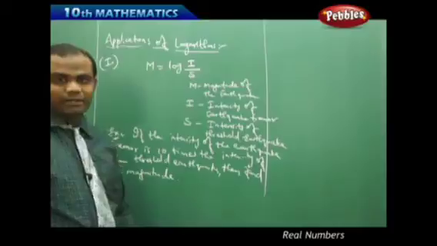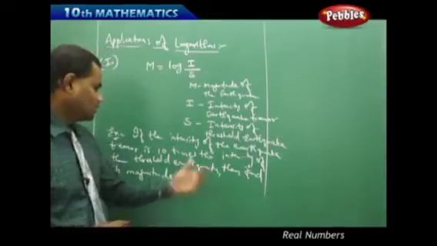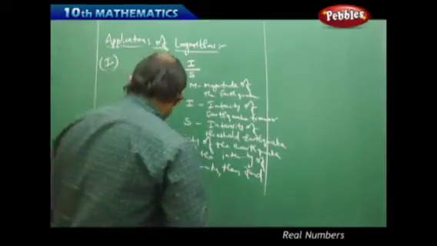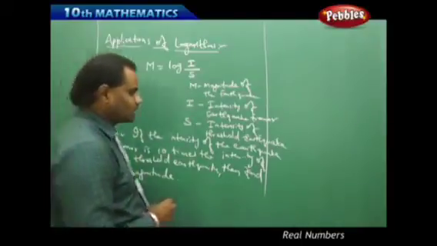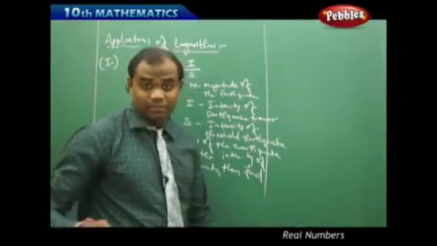So if I want to find the magnitude using the minimum information here, it clearly says that the intensity of the earthquake tremor is 10 times the intensity of the threshold earthquake.